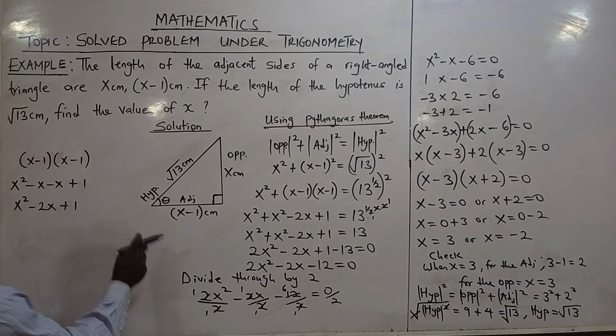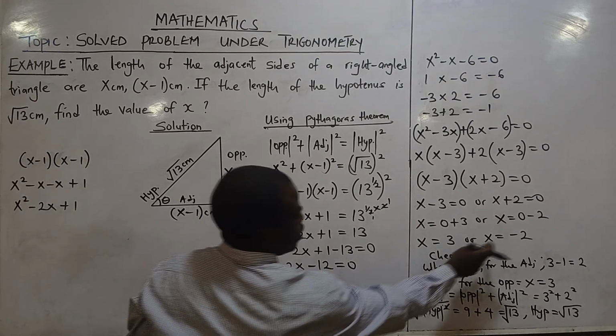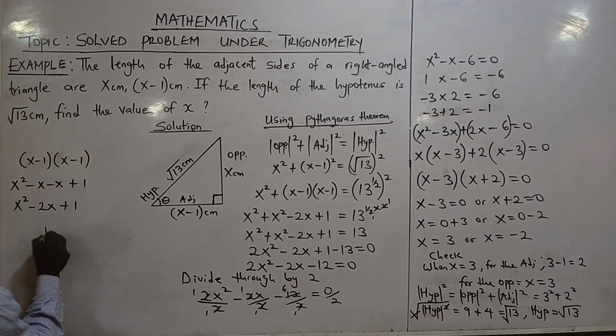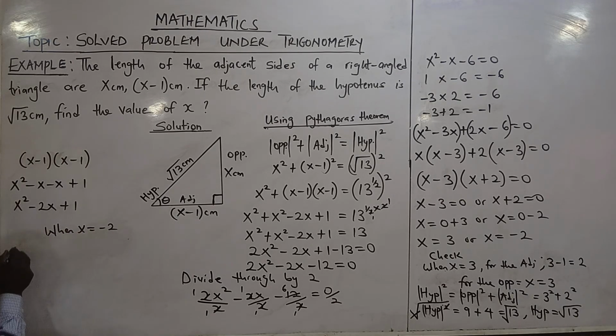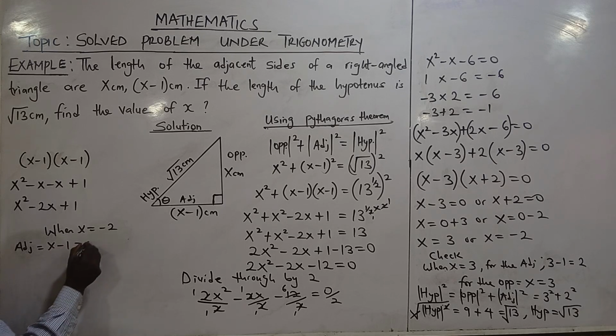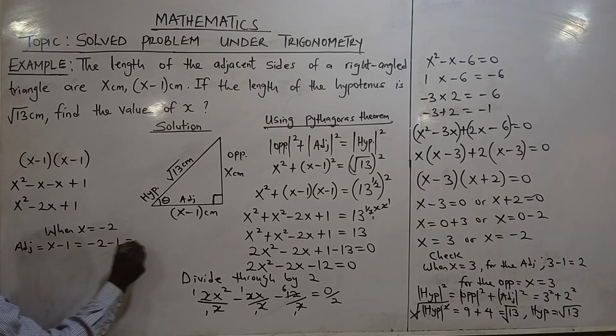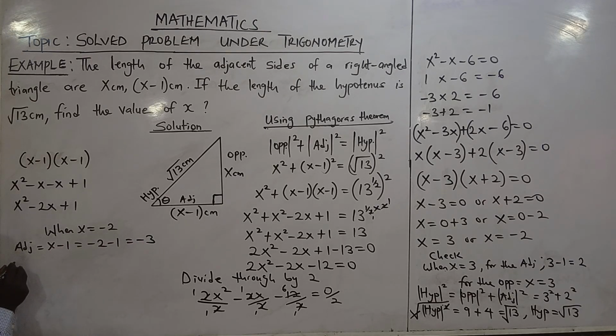Okay, now when you check when x equals minus 2, for the adjacent, x minus 1 equals minus 2 minus 1, which is minus 3. For the opposite, x equals minus 2.